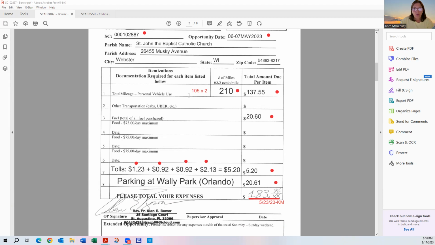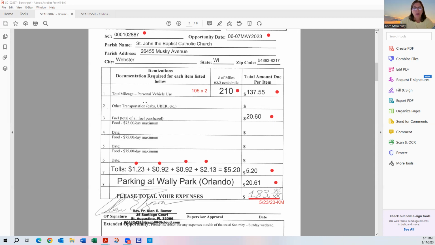So you put 105 times 2. You multiply that to get 210 miles. You multiply that by the 65.5 cents per mile reimbursement, which comes out to the 137.55.